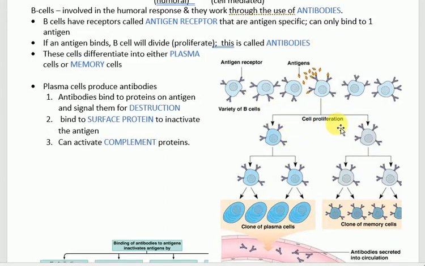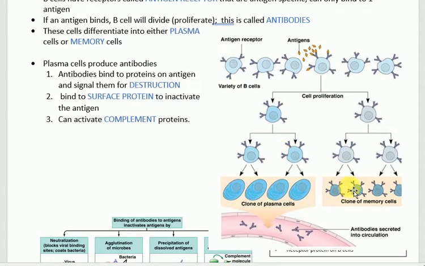We're going to duplicate. So we've got more. And then the antibodies are going to be secreted into that circulation. So after it takes care of the cell, all of that, signal them for destruction, it's going to release those antibodies so then next time it will remember if that antigen shows up again.